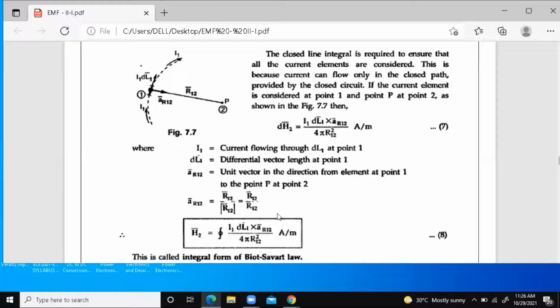It's not like in electrostatics where you have a point charge.